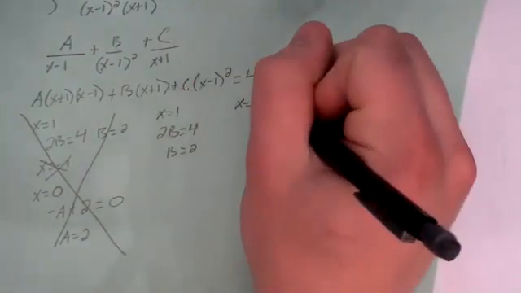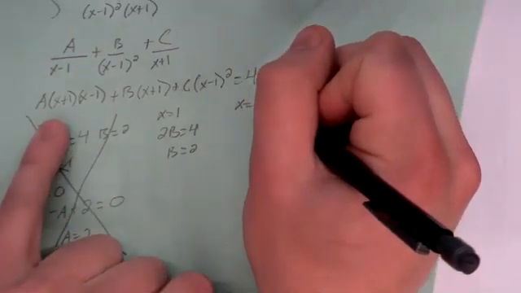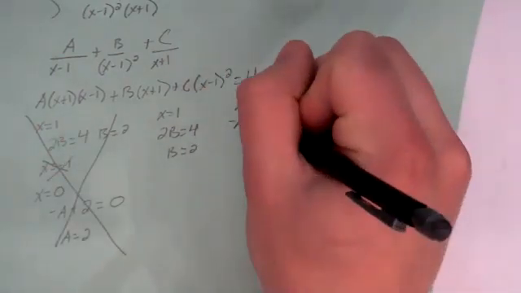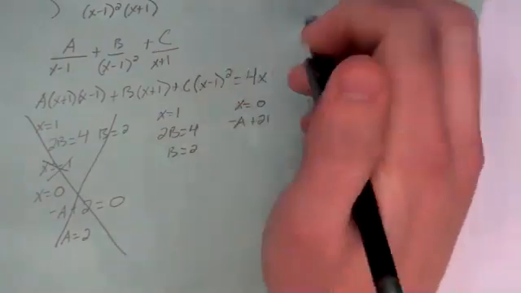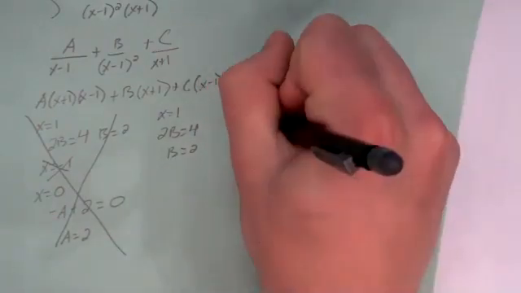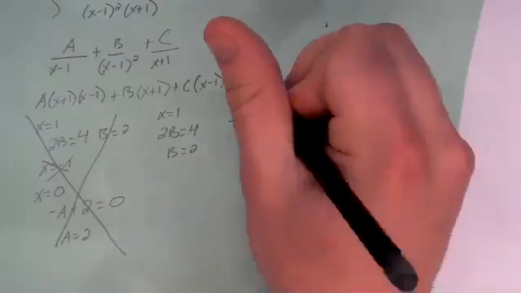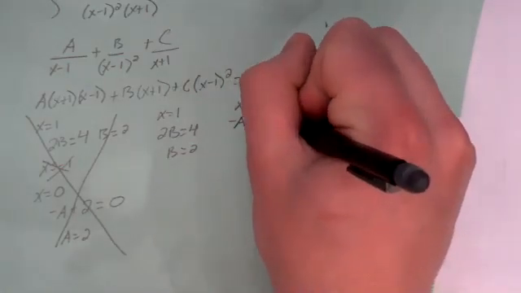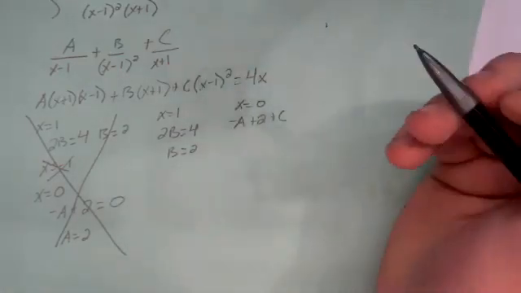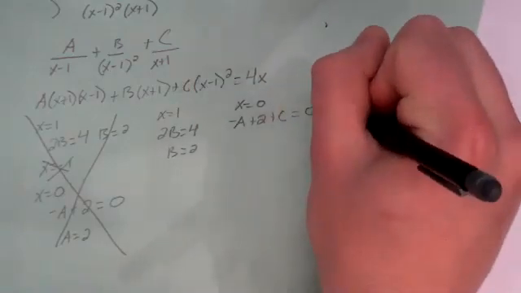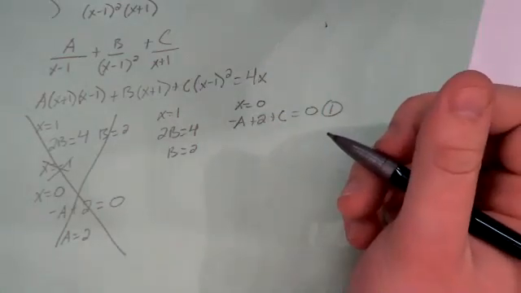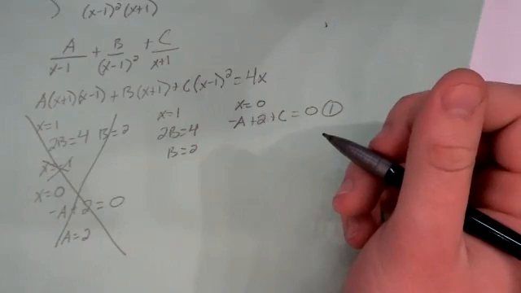We're going to get 1 becomes -1, so we get negative a plus 2, b is 2, so negative a plus 2, and then c, because that's -1 squared, which makes it positive, equals 0. So that's equation 1.